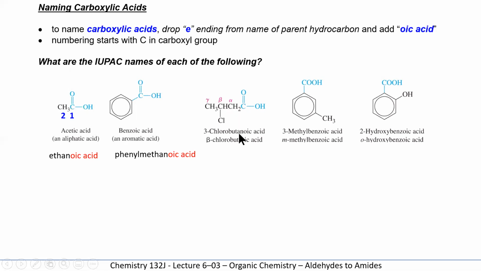So it's going to be called a butanoic acid. And on the 3rd carbon, we have a chlorine group. So it's 3-chlorobutanoic acid. In the second example, again, we have a C double bond OOH. It can sometimes be written like this instead of written like that. And we're going to call this a 3-methyl benzoic acid.